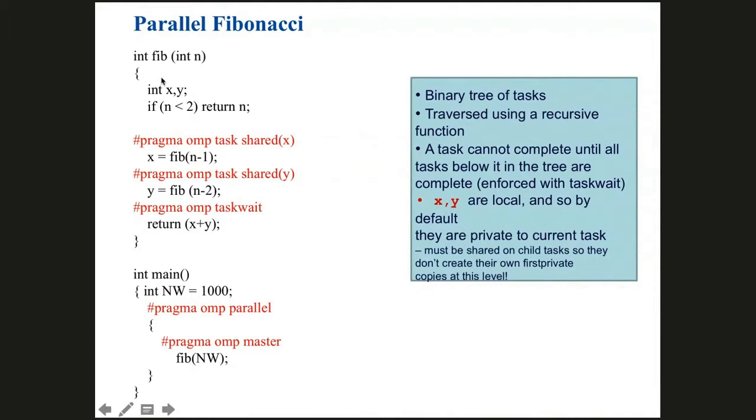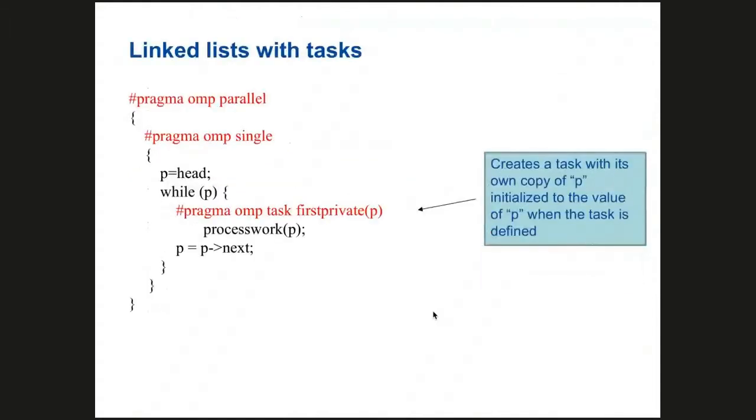And when you call the function here, by definition, x and y are local to the threads, and they need to know each other, so you specify shared, and you have to use taskwait to make sure the job has been done, and then you add them together. So this is just a super easy, super basic example. Certainly you can implement it in different ways.